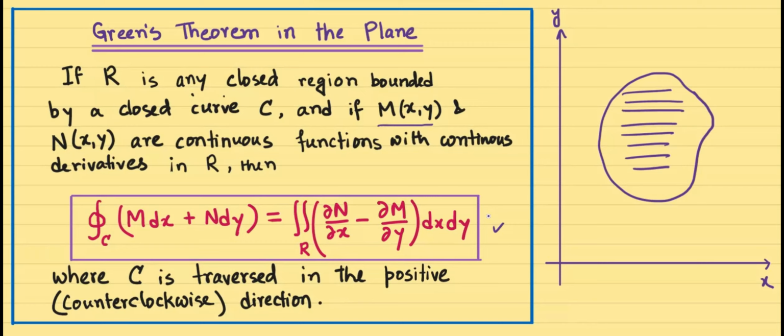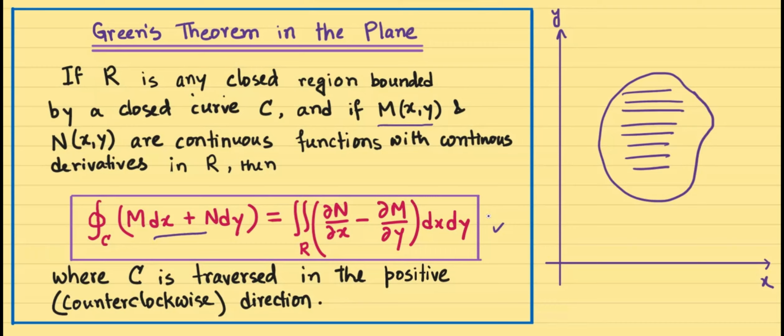This is a line integral, and on the right hand side, the partial derivative of N with respect to x and the partial derivative of M with respect to y, this pattern is directly linked to the pattern written in here.